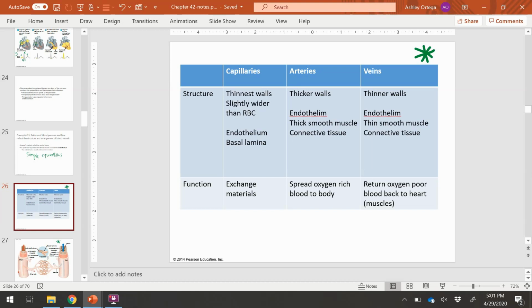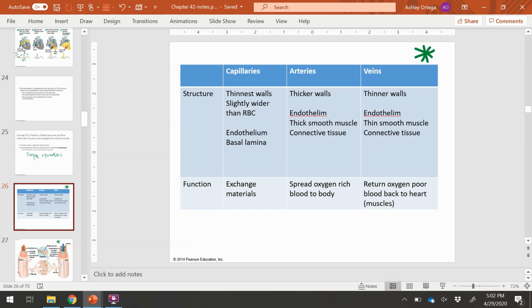Starting with the capillaries, they have the thinnest walls. The diameter of the capillaries is slightly wider than the width of a red blood cell, so they can only pass one red blood cell at a time through that part of the blood vessel. In terms of structure, they have the endothelium and a basal lamina surface.